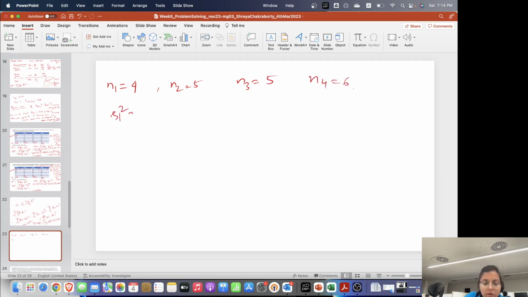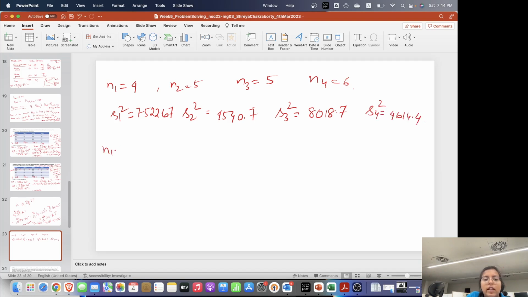S1 square has been given as 7522.67, S2 square as 4540.7, S3 square as 8018.7 and S4 square as 4614.4.